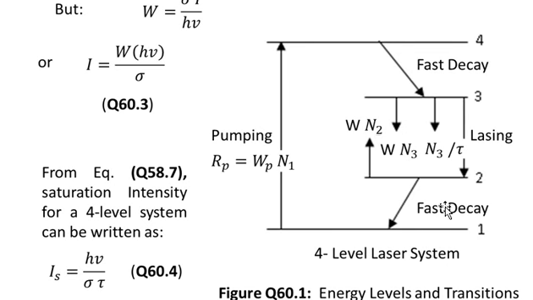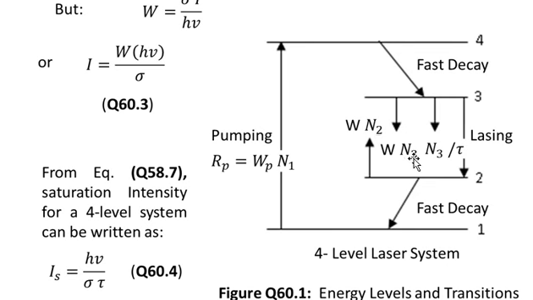The population decay will be accompanied by the process WN3. W is the stimulated emission transition rate, and the downward arrow is labeled W multiplied by N3, the stimulated emission rate multiplied by the population of level 3, which is N3.